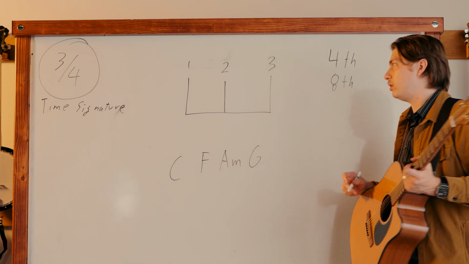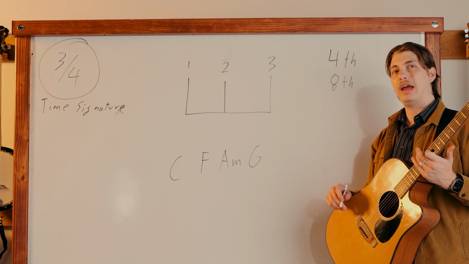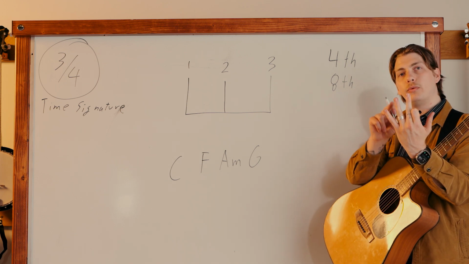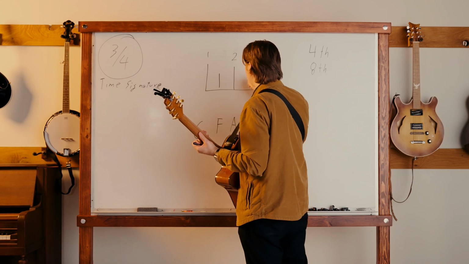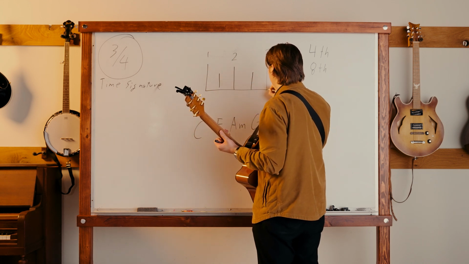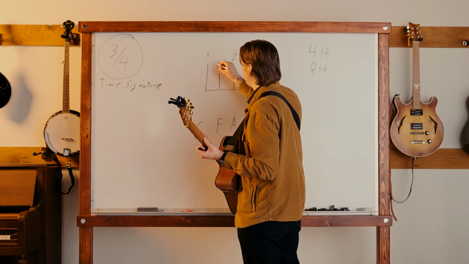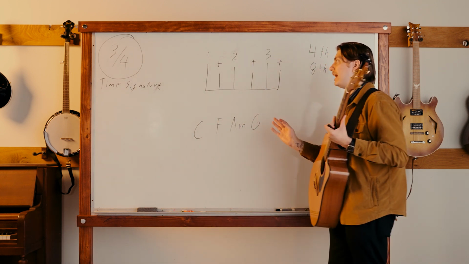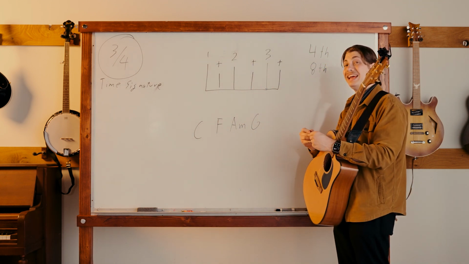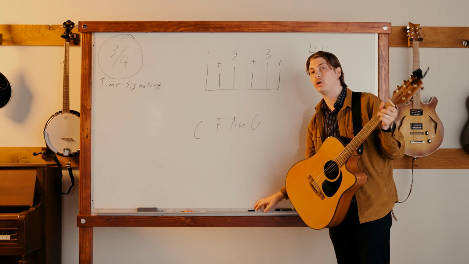What do you think the eighth notes do? Remember, eighth notes kind of go in between where the other notes are. So we can still write eighth notes right here, just like this. And now this would be eighth notes in 3/4 timing.